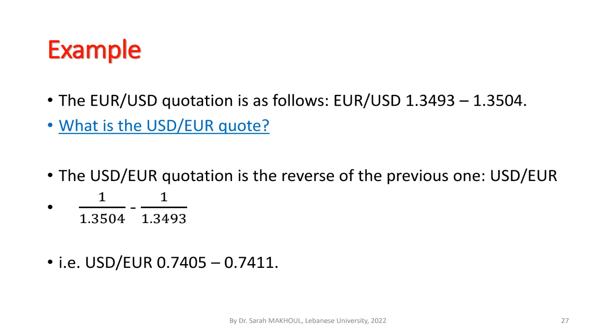So if you are going to see the quotation of one US dollar against the euro, it's 0.7405 for the bid and 0.7411 for the ask price. This is a quick calculation for the exchange rate.